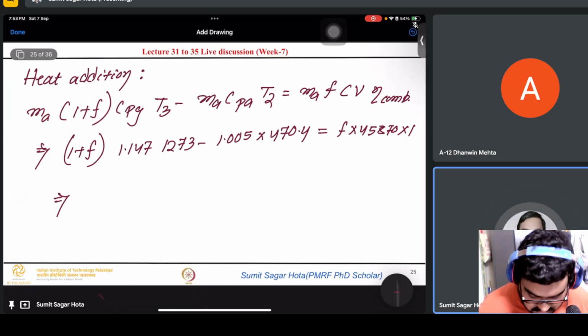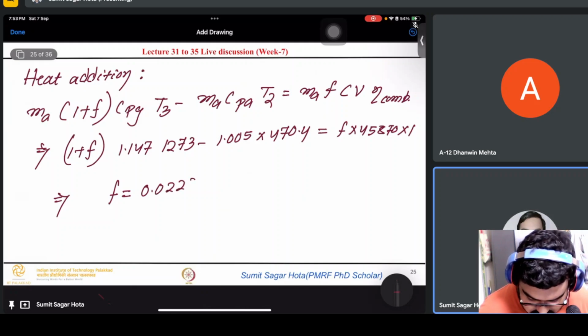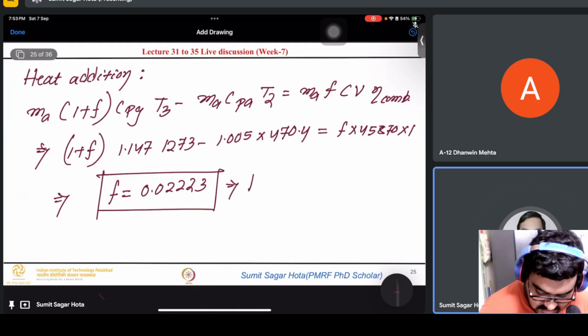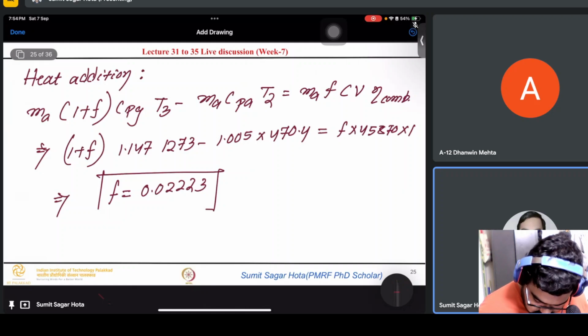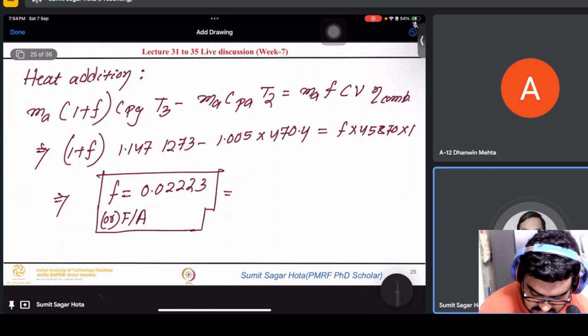Practically it's not possible. So if you solve it, you will get small f value as this. And what is this small f? The small f is your fuel to air ratio. This is the third bit answer.